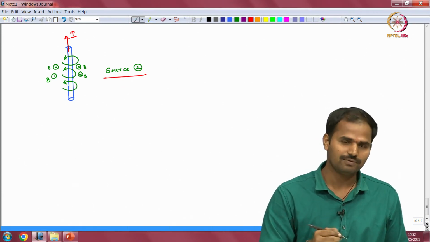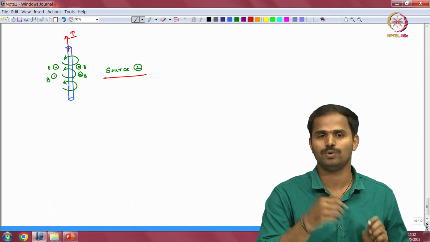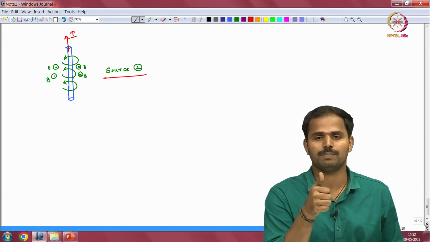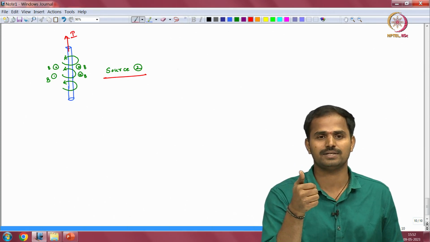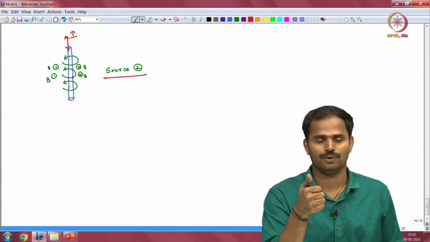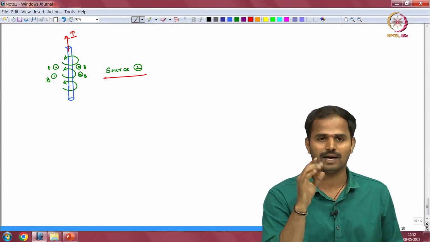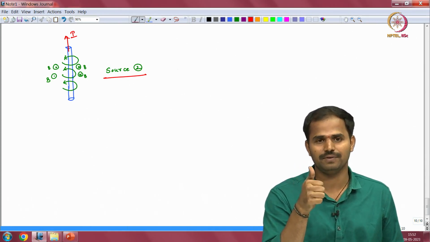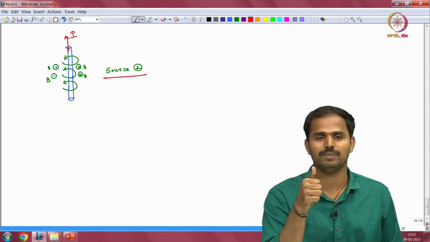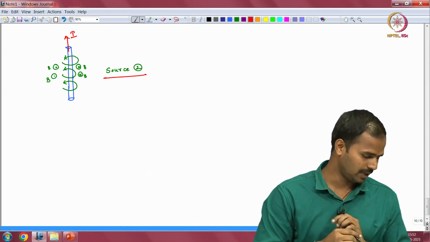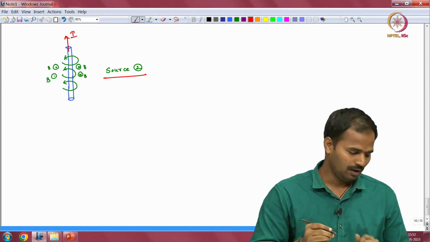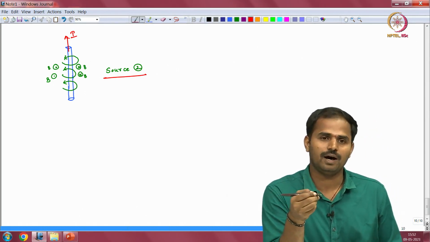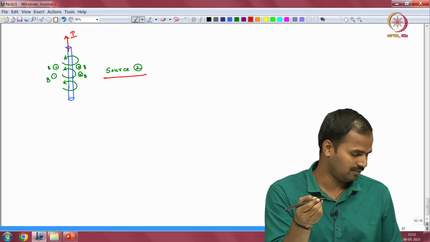To find the flux direction we can apply the thumb rule: the thumb represents the current and the fingers represent the flux lines. Or if we represent the current with fingers, then the thumb is the flux.